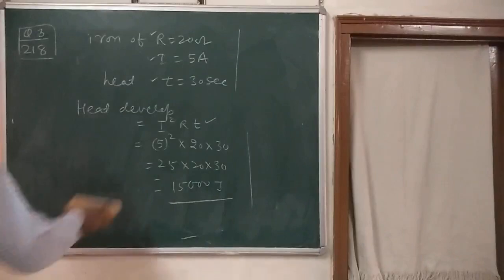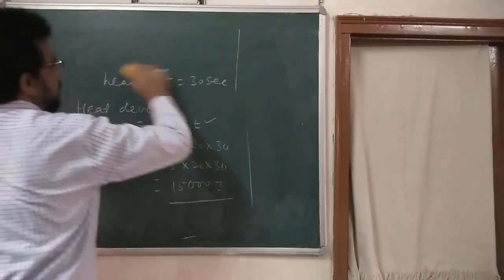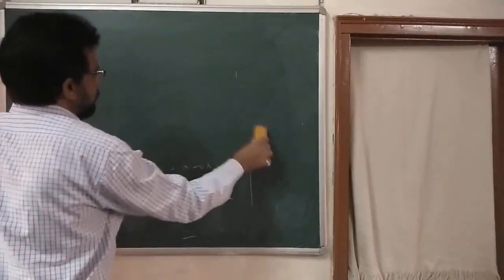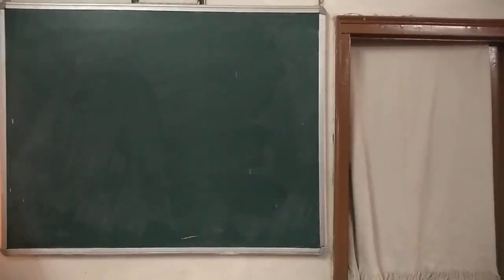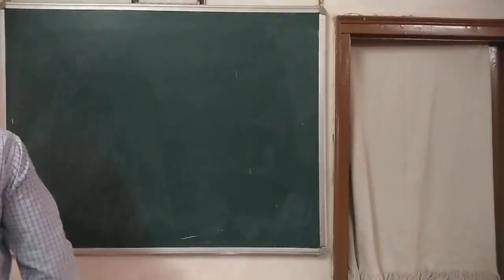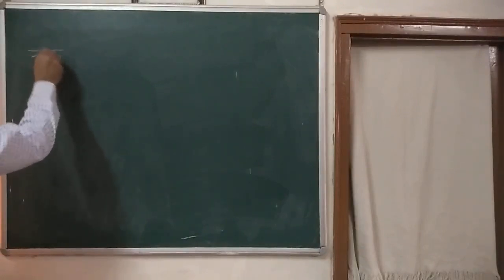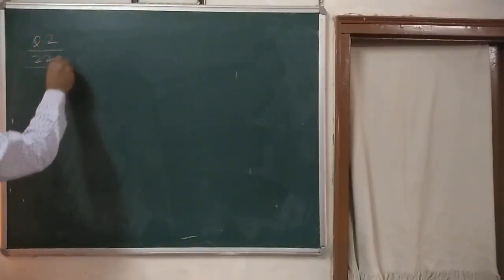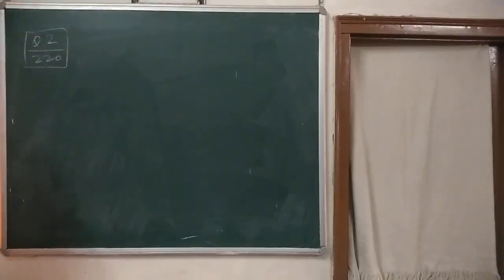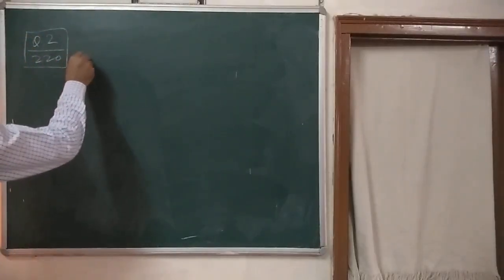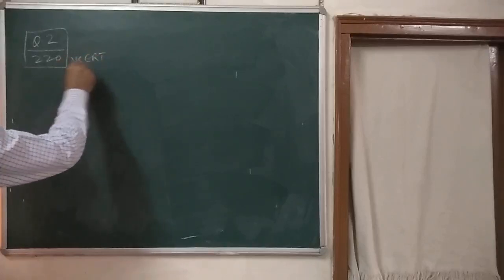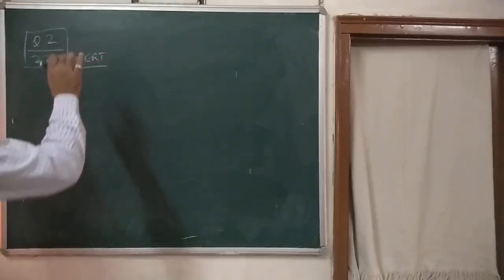Now, we are taking one more question. See page number 220 of NCERT, question number 2. What is that question? Note that when you are doing numericals, always open your NCERT book.